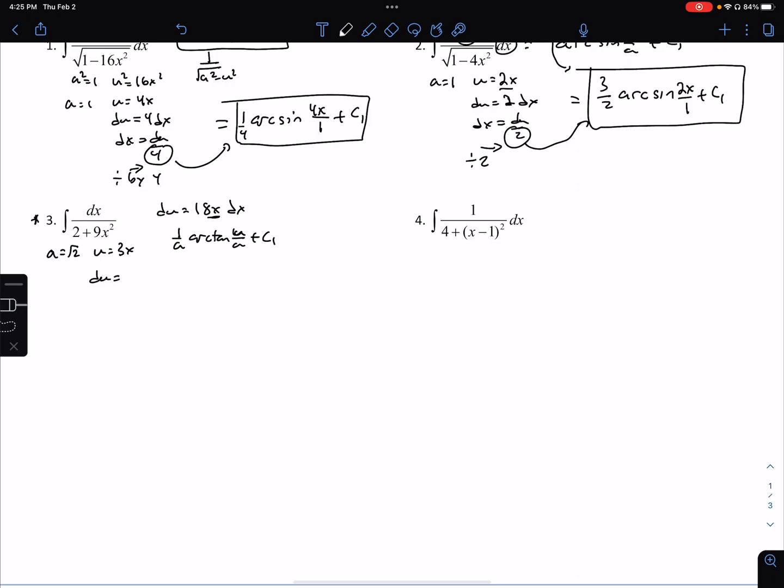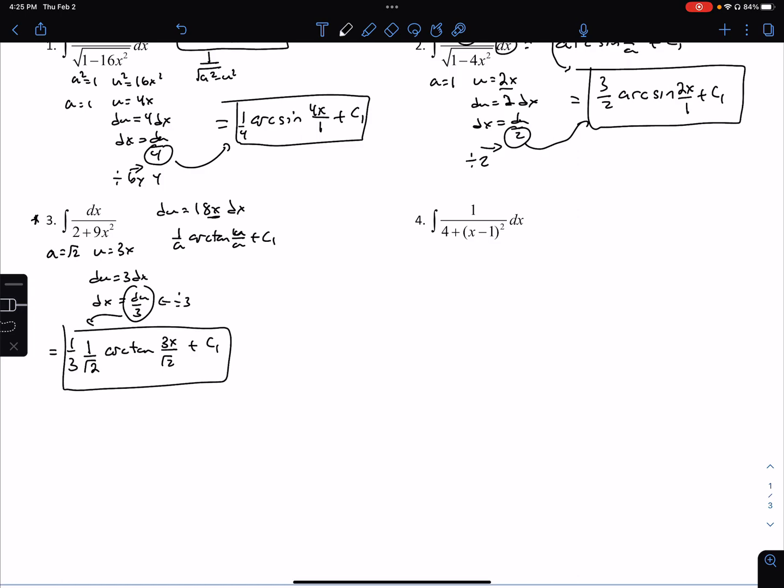So my du would be 3 dx, and that's going to be dx is du over 3. Again, all that's telling me I have to do is divide by 3. So my final answer says 1 over a, which we said was the square root of 2, arc tangent u, which is 3x over a, which is root 2, plus c1, and at the very beginning, don't forget that 1/3.